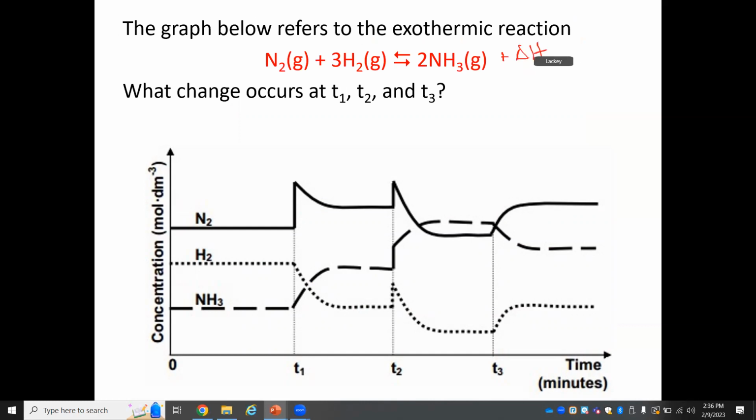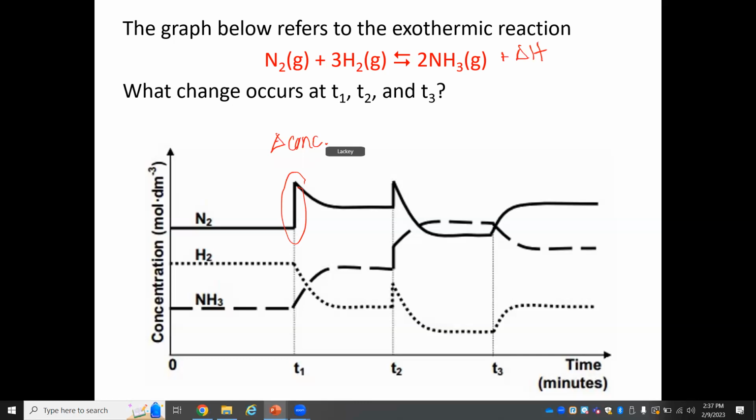It wants to know what change occurs at time 1, time 2, and time 3 on the graph. So we start off with all three at equilibrium, all three flatlined. At time 1, notice that there's a large jump in nitrogen, and then hydrogen and ammonia slowly change. So one large jump means that this is a change in concentration.